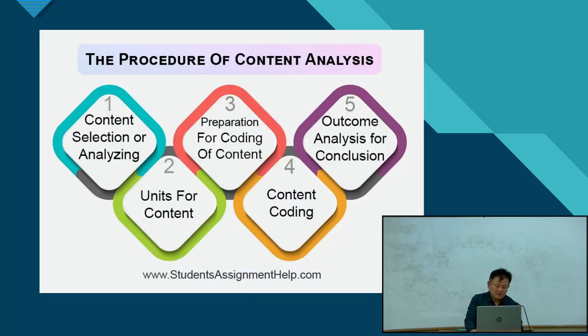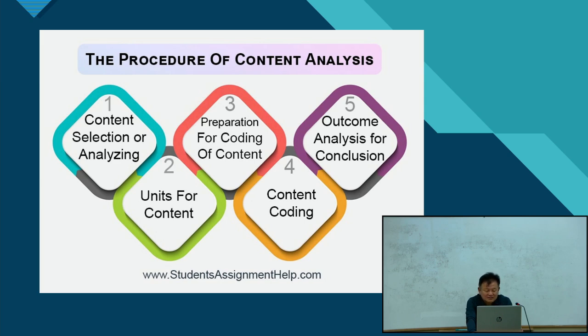What is the procedure of content analysis? First, select the content to analyze. Next step is the unit for content, and preparing for coding of content. Coding of content means inputting the data. Content coding is where we want to get information from data.